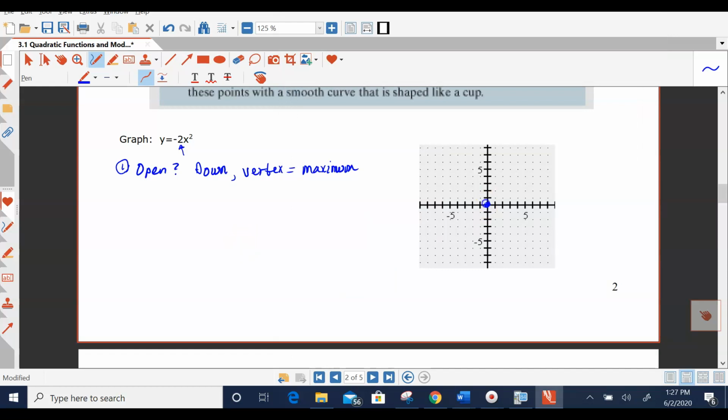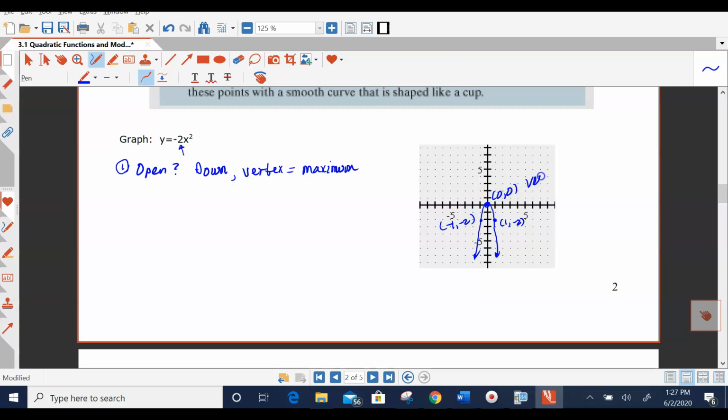So the vertex is at 0, 0. 1 went down to negative 2. Negative 1 went down to negative 2. So notice how I'm wanting some specifics here. And let's just draw that parabola opening down. 1, negative 2. Negative 1, negative 2. And there we have 0, 0.